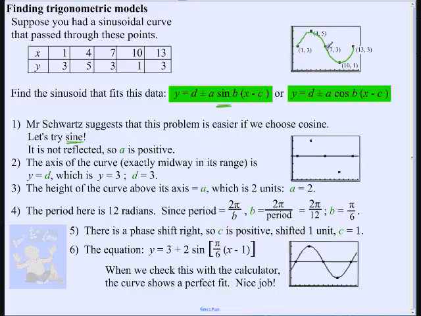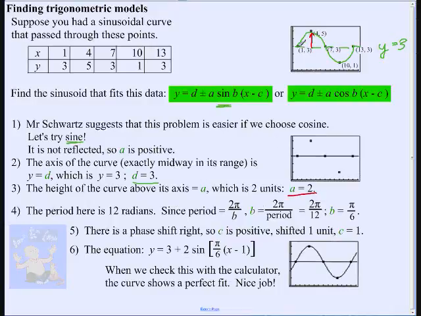It starts by going up, so we're going to have a positive A. Our central axis is right here at y equals 3. So we have a D equal to 3. The height above the central axis, 3 to 5, is 2. So we've got A is equal to 2.